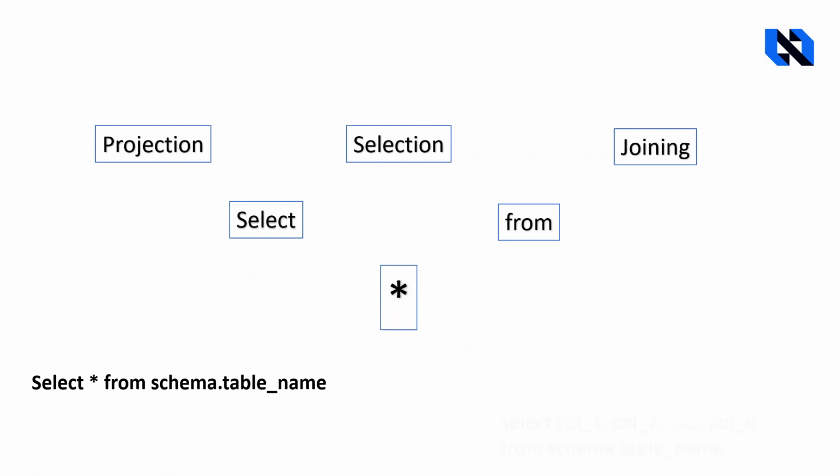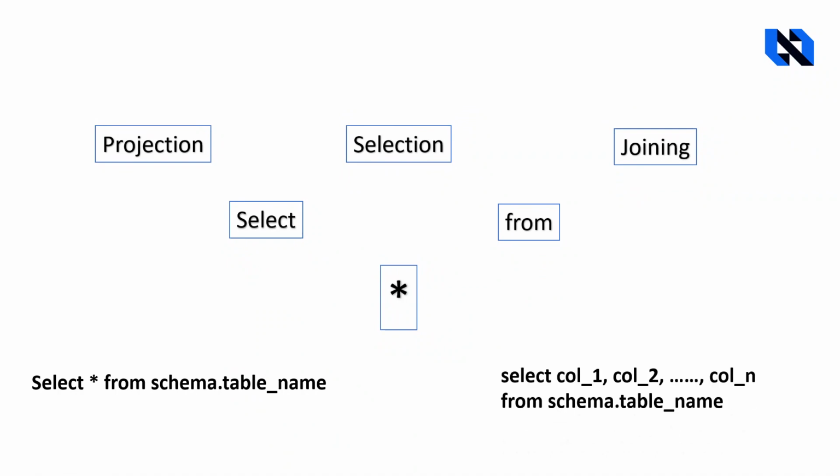Another way to get data from the table is by specifying various column names as defined by your manager or whoever is making the request. Let's say your manager comes in and says, I need you to get me data from a certain table, and he lists some specific column names from that table.